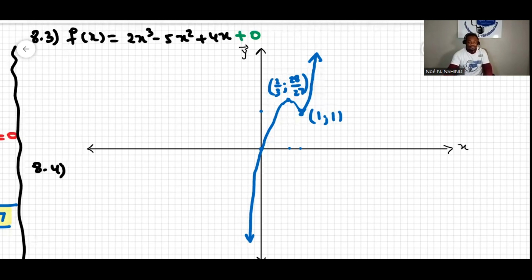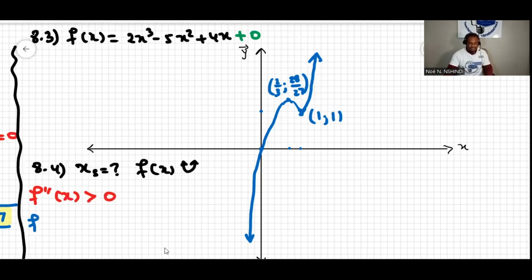I'm looking for which value or values of x for which f of x is concave up. Concave up is when the second derivative of the function is greater than 0. In this situation, we did work out the first derivative, f prime of x, which was equal to 6x squared minus 10x plus 4.